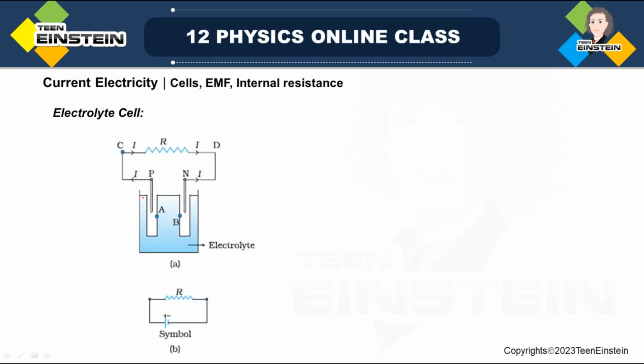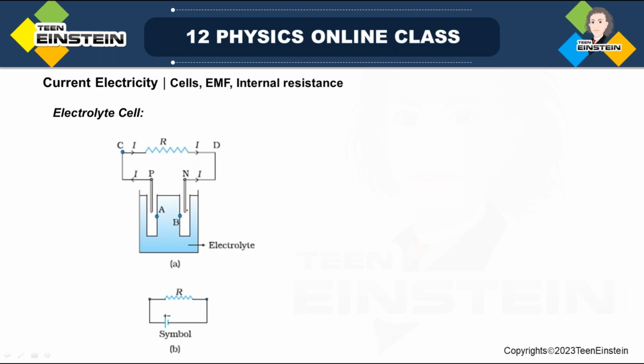Let us suppose this electrode P is at positive potential with respect to the point A, which is inside the electrolyte. I mean to say, the polarity of P is positive with respect to the nearby or nearest layer of electrolyte.